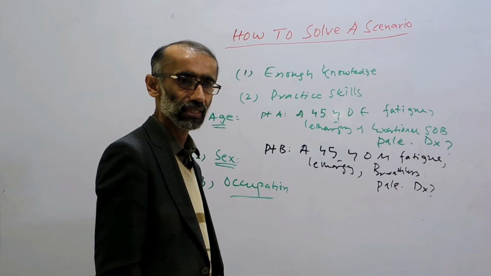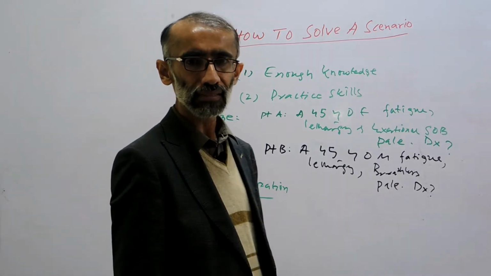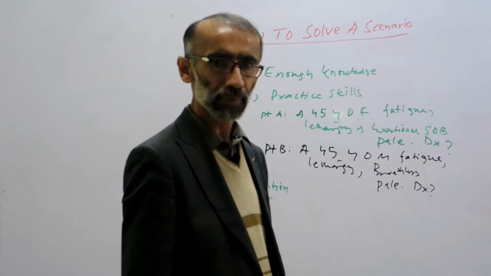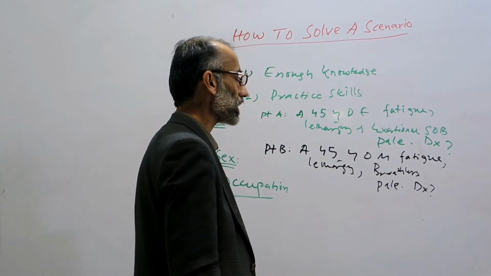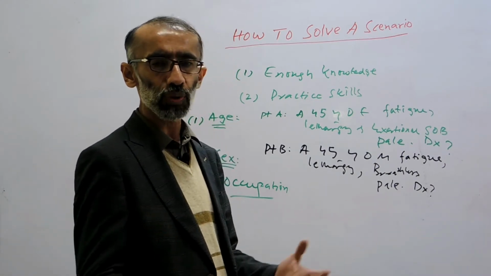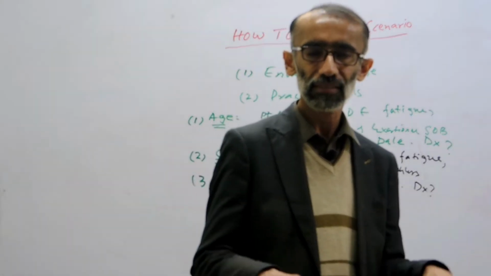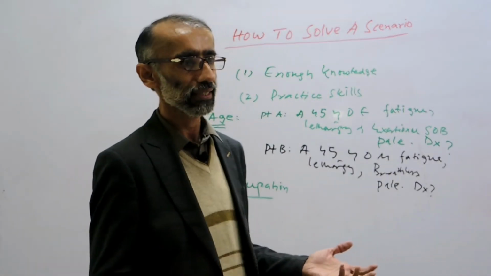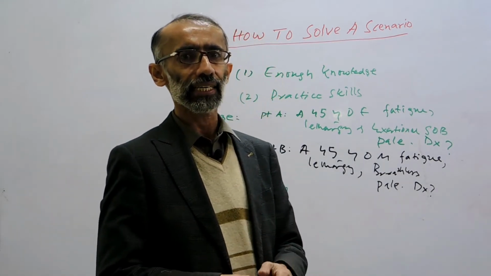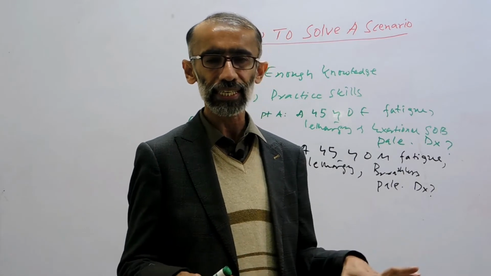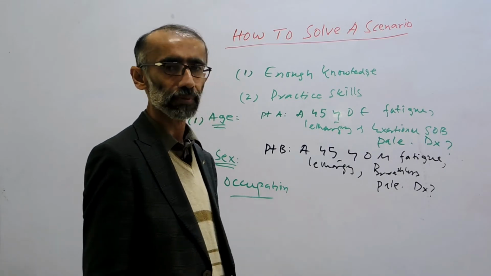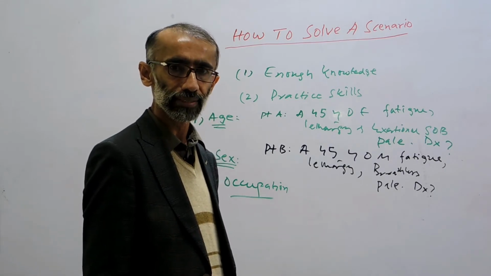For example, a coal miner presented with shortness of breath, most likely he is suffering from pneumoconiosis. An office worker, a typist, presented with numbness, pins and needles sensation, tingling and aching of hands, most likely he is suffering from carpal tunnel syndrome.